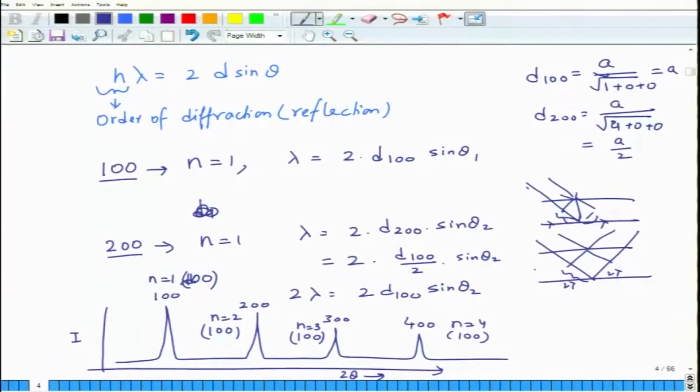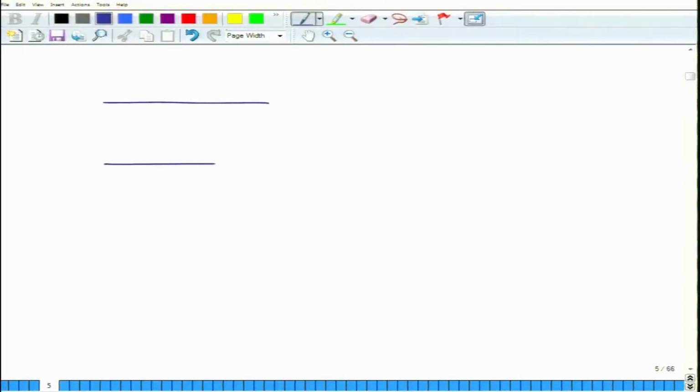It is as if you have a plane sitting here, because if you had a plane sitting here, this would be lambda, this would be lambda. So, let us say this is first set of planes, you might have a plane sitting here, let us say it may or may not be sitting, you may or may not have atoms. So, let us say this is 100, this is 200, so they are all HKL planes, but it is not right to draw them in this fashion.